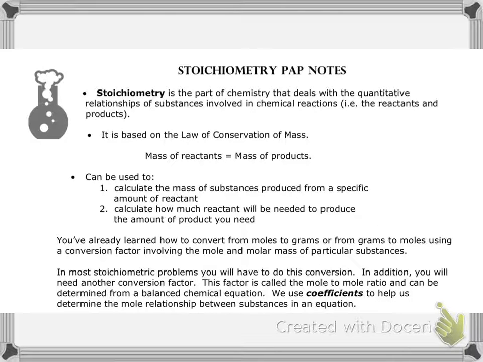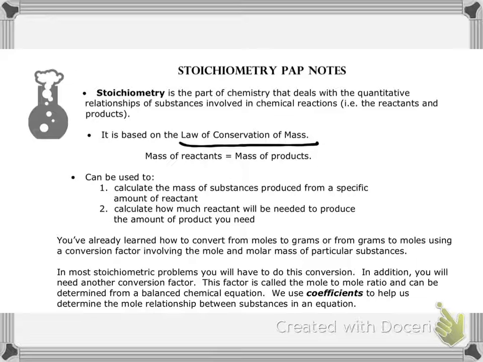So all of this is based on the law of conservation of mass. We know that when we balance equations, it's because whatever goes into that reaction has to also come out, mass-wise. So the law of conservation of mass tells us that the mass of the reactants is equal to the mass of the products. And there's a couple of things that we're going to use this stoichiometry process for.